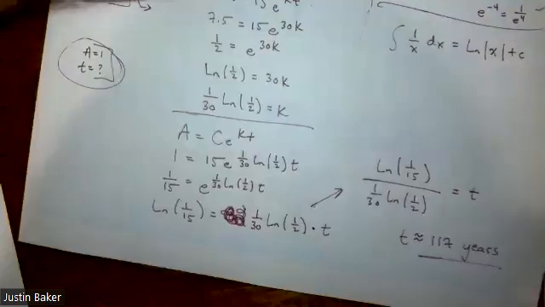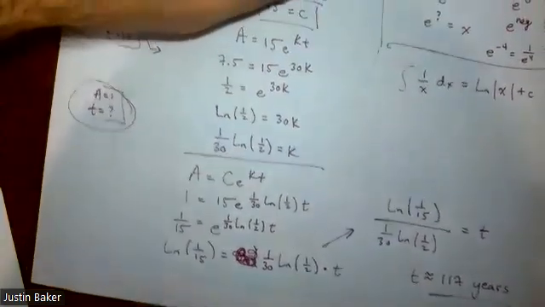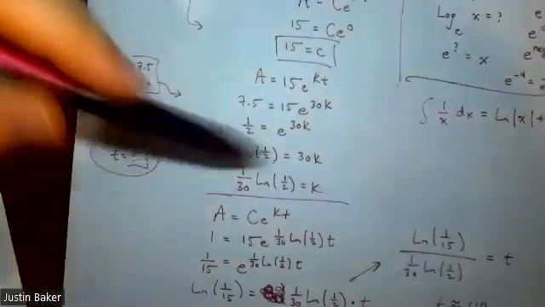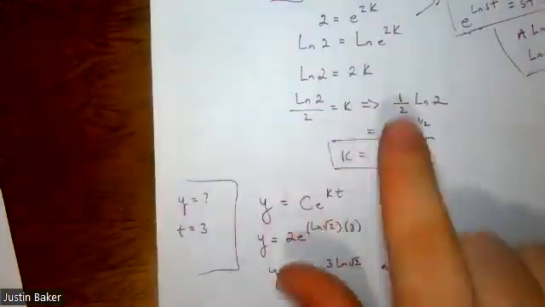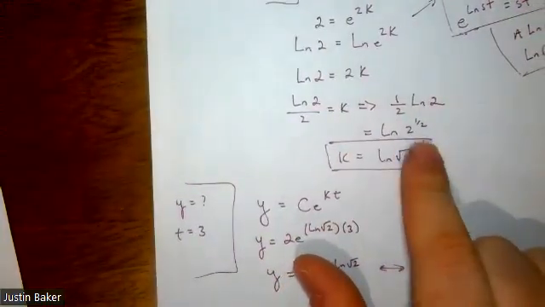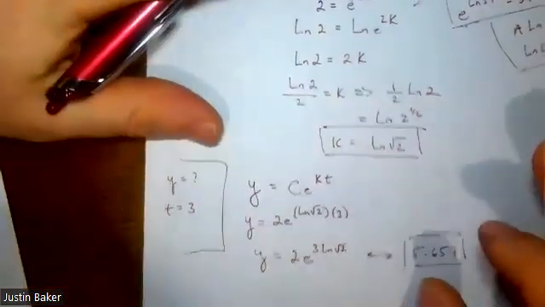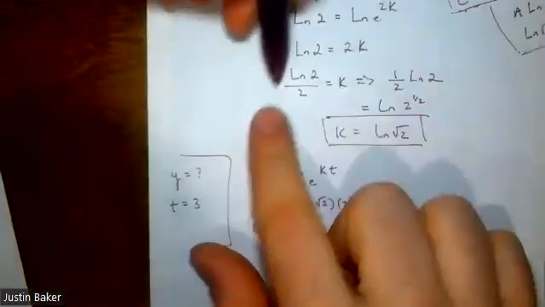Jake? Yeah, I was just wondering when you were solving for k, how'd you know to stop there and not keep going like you did in the last question? You could have. The only reason I kept going in the previous question is because I saw that it was a power of 1/2, and 1/2 is the square root power. Technically, there's nothing wrong if you had stopped right there.